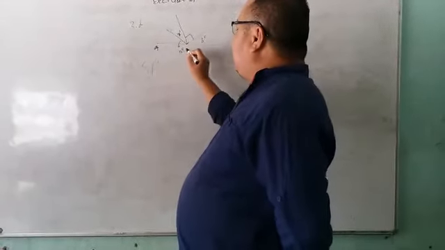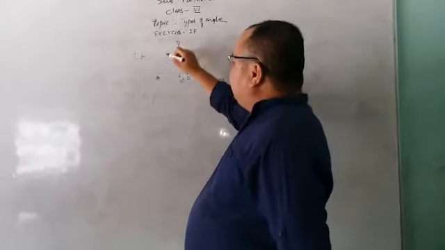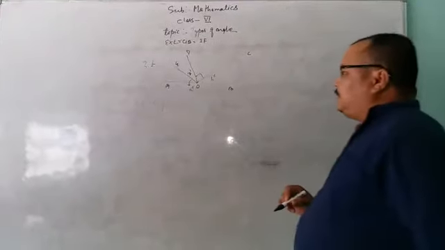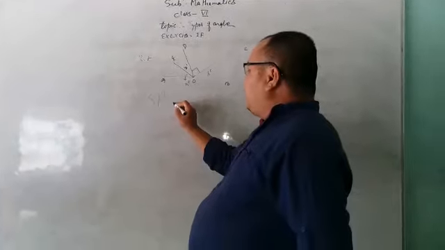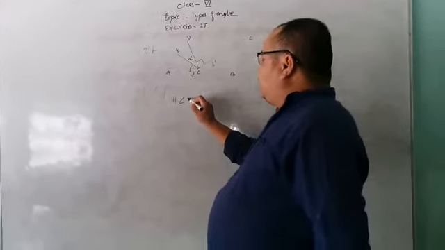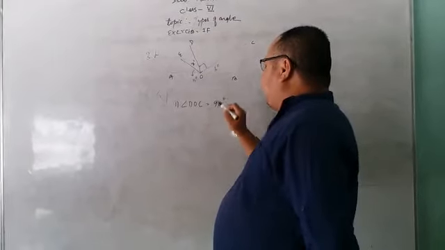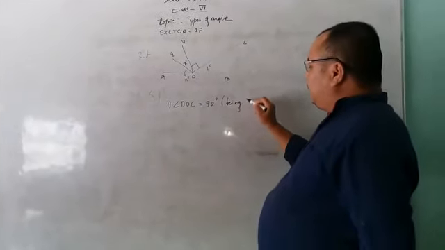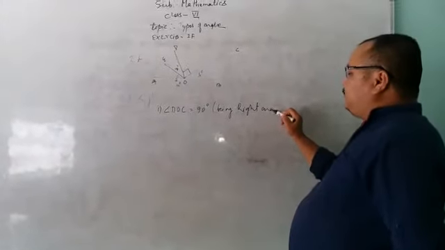Write the names of these angles: A, O, B, C, D, E. My dear students, here in number 1, angle DOC is equal to 90 degrees, being a right angle.